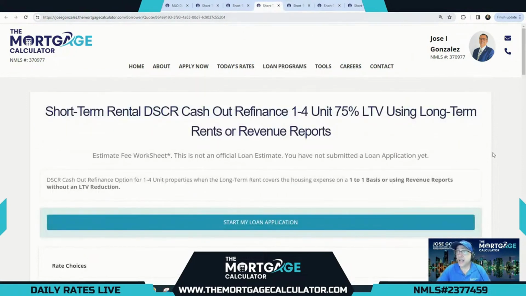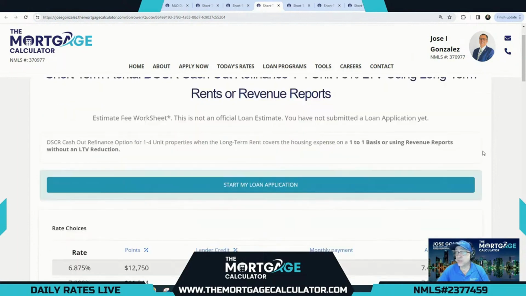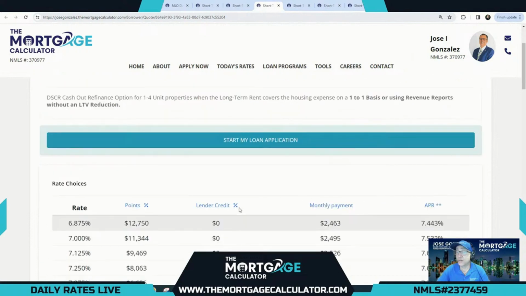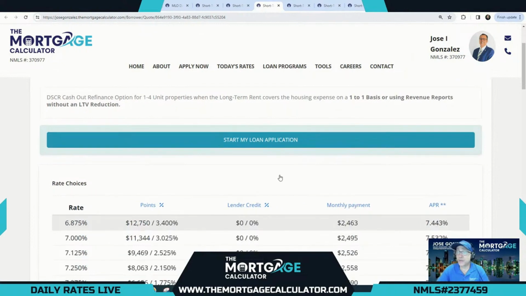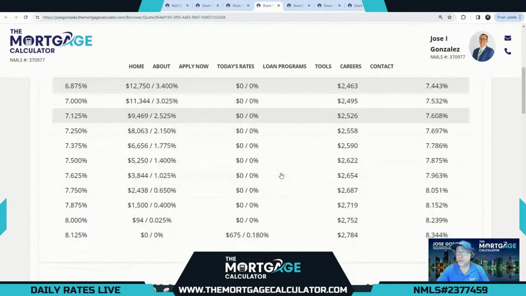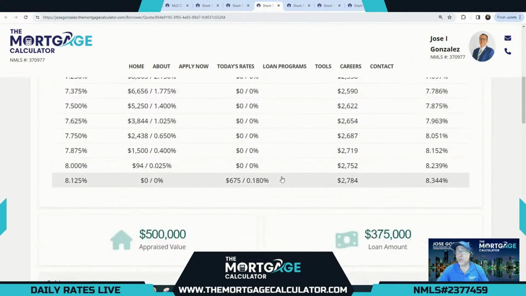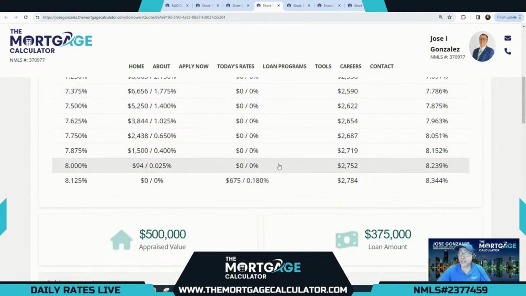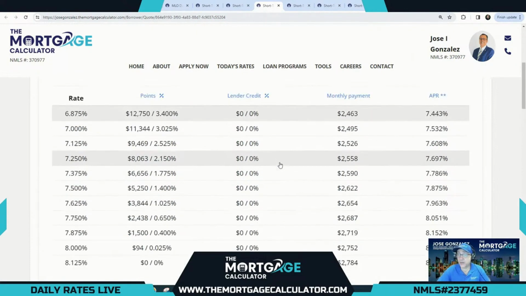And now let's go with some cash out options for you. Here is at our maximum 75% LTV cash out using long-term rents or revenue reports, either or. And we have some great options for you here. 8.125 actually has a little bit of a lender credit as our lowest cost option.